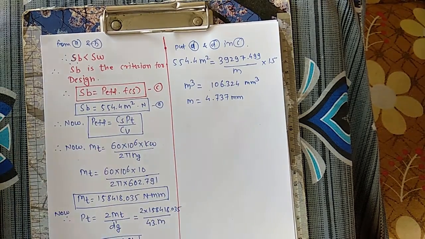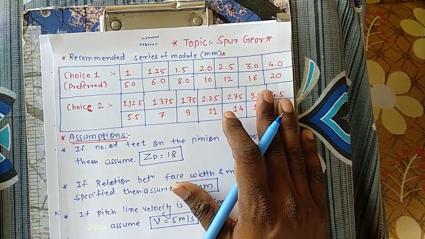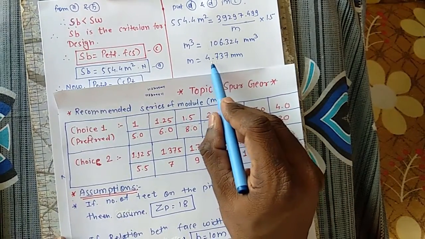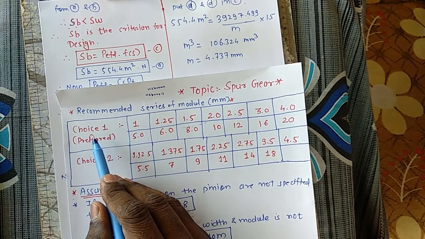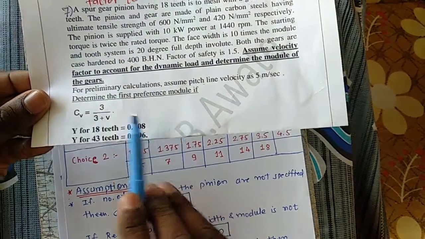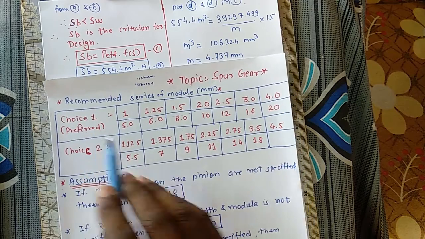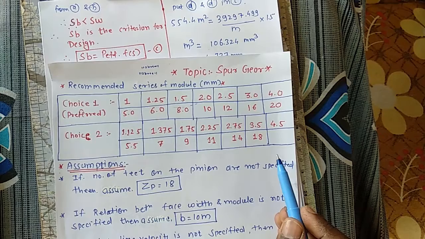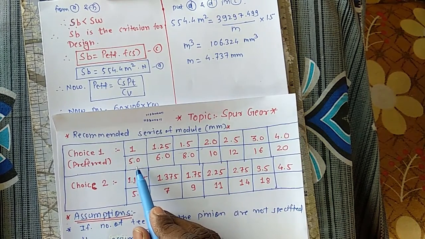Now I will refer to this table which we use for finding the recommended series of module. We got the value as 4.737 mm, and I will go for the preferred value because in the problem they have said to determine the first preference module. Even though it has not been mentioned, we always go for choice 1, which is the recommended series of module. After 4, the next preferred value is 5.